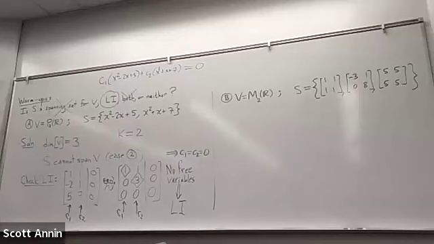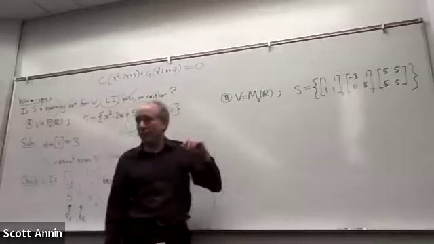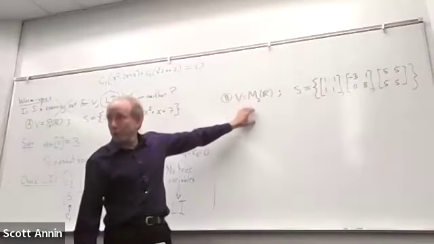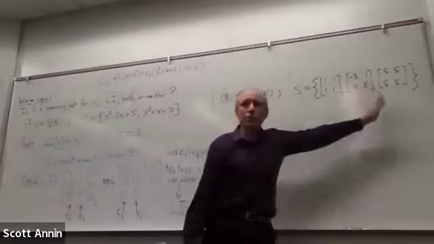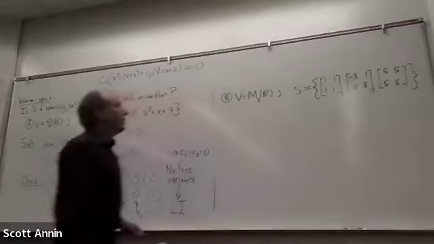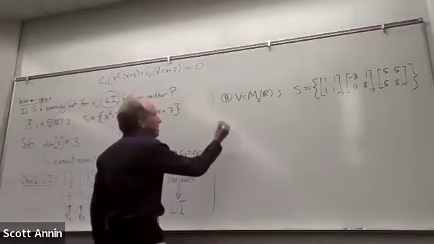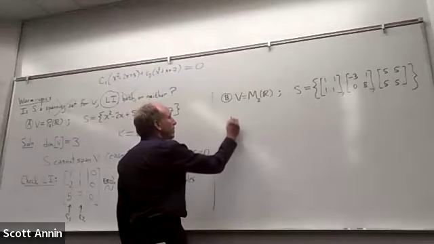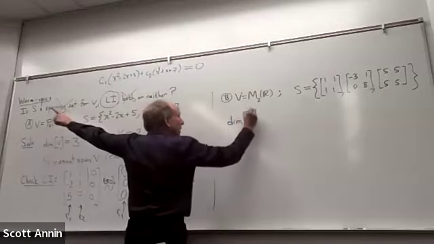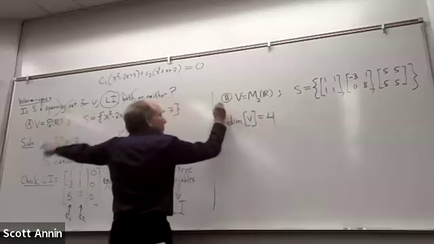Let's take a look at the example B here. This time I'm going to go to a matrix situation. So I'm going to take M2 of R, and I'm going to take these three vectors right here. Okay, so can somebody tell me in this case, what is the dimension of V? 4. It is 4 according to my list over here on the left.